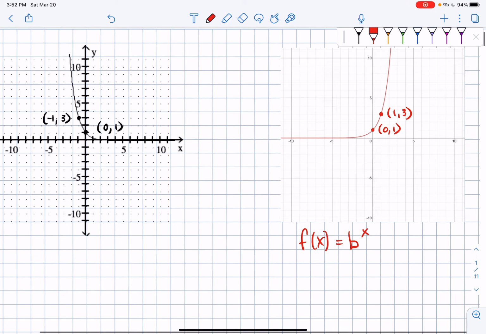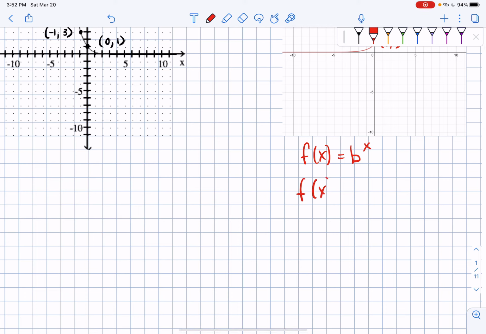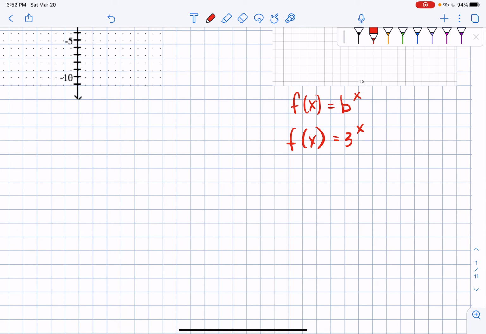Now, this is the reason why I knew that the base of this graph is f of x equals 3 to the x. And you're like, how would we know that? Well, let's take a look. Let's say I make a table of this, and here's my x and here's my y.